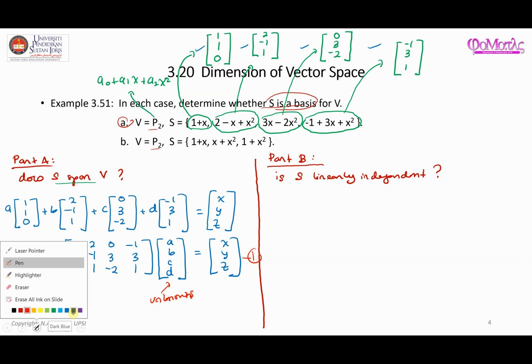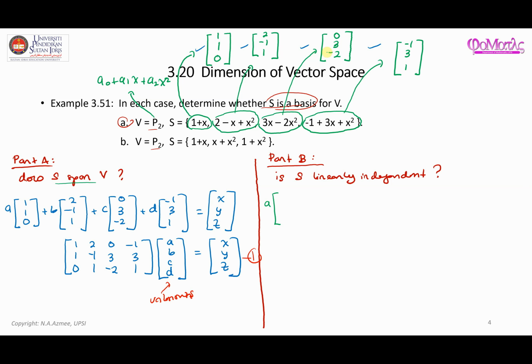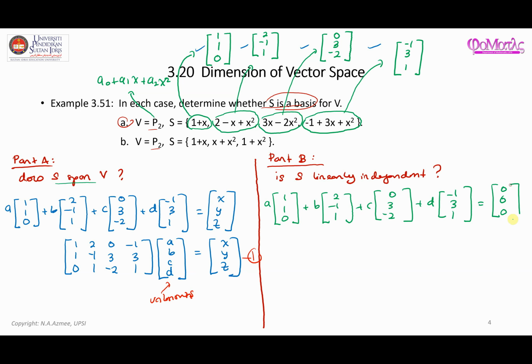Let's look at the second part here. What is the starting point for the second part? Well, to show that S is linearly independent, we're going to have the same process where you have to consider the combination of all these 4 vectors, A times the first, plus B 2, -1, 1 plus C 0, 3, -2 plus D -1, 3, 1. But here the result is going to be set to 0.